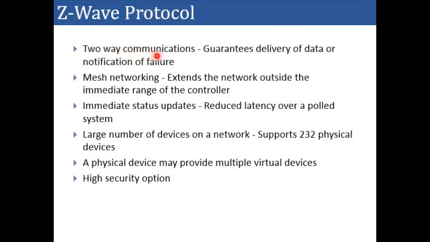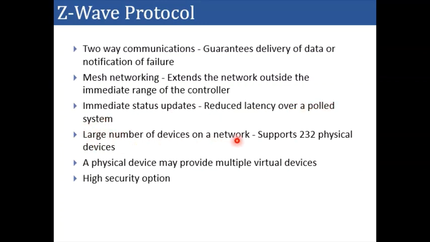Z-Wave protocol is a two-way communication protocol. It guarantees the delivery of data or notification of the failure. It supports mesh networking and extends the network outside the immediate range of the controller. Immediate status update: it reduces the latency over an old system.